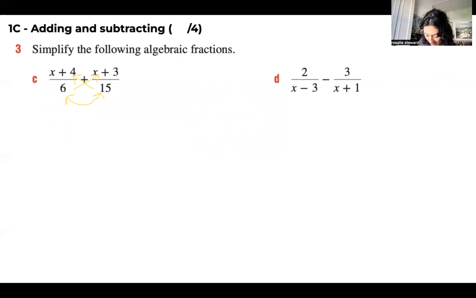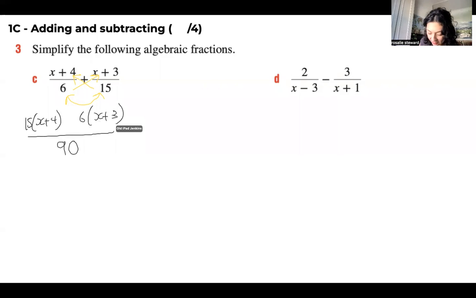So let's write it like that. Let's write the denominator first. So 6 times 15, calculate, is 90. The point of cross multiplying is so I can write them all as one fraction with this one denominator. 15 times x plus 4, and then 6 times x plus 3, and it is positive.